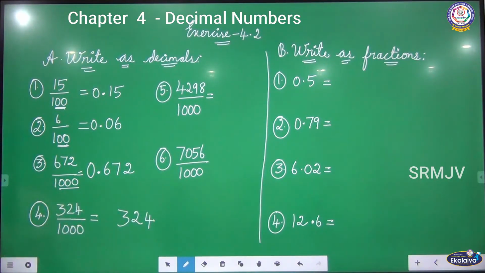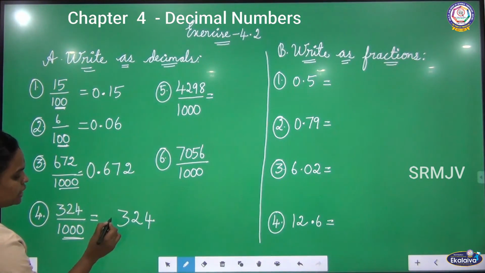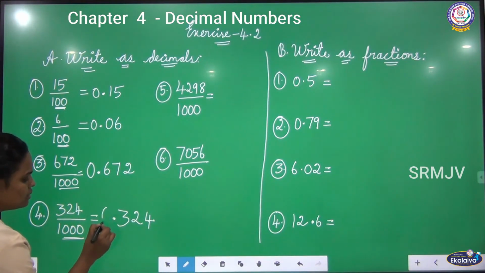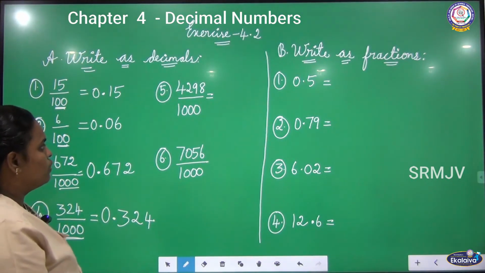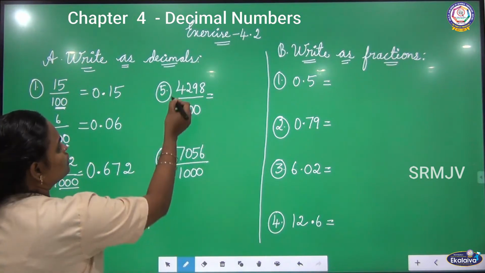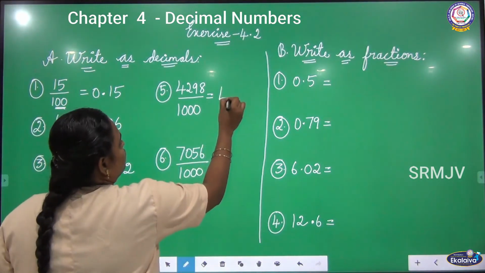Next one, you write 324. Look at the denominator, 1000. How many zeros are there? 3 zeros. From the back you leave 3 digits, 1, 2, 3, then put the decimal. So what is the answer? 0.324. Next one, 4298 divided by 1000.